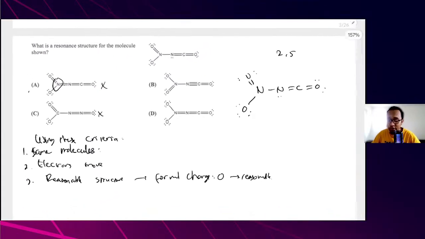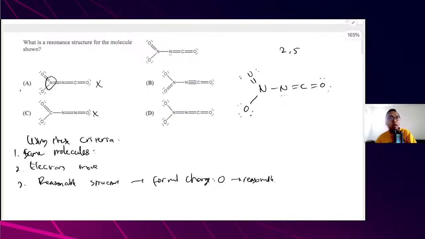Remember, we have the options, so we don't need to look at the question in detail. We just look in detail at the options. If an option doesn't make sense, we can eliminate it. How about B and D?